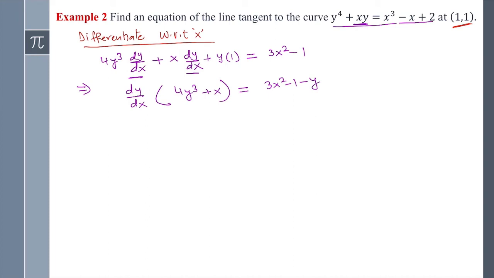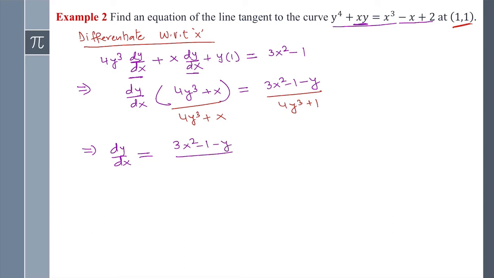Now let's divide by this term, 4y cubed plus x. When we divide by that, we get dy/dx equals 3x squared minus 1 minus y over 4y cubed plus x. So this is the derivative.